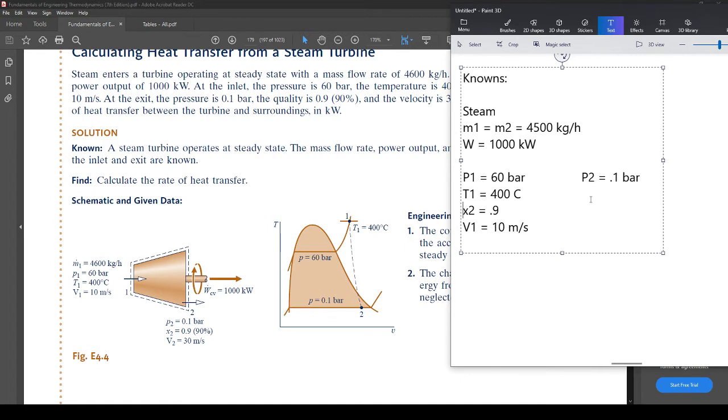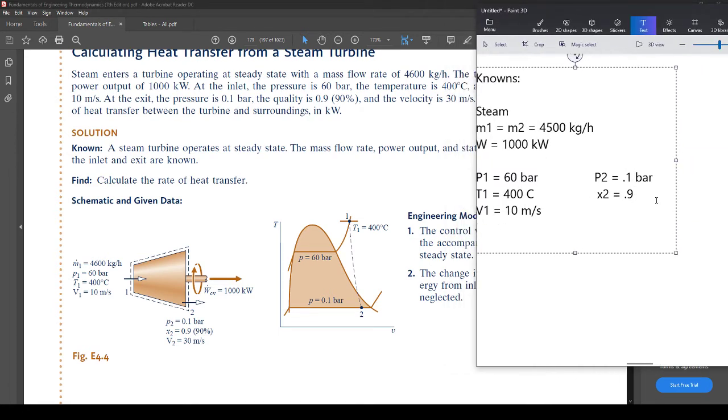So they have given us a quality. X2 is 0.9. It says the velocity at the exit is 30 meters per second. So we have velocity 2. So V2 is equal to 30 meters per second.